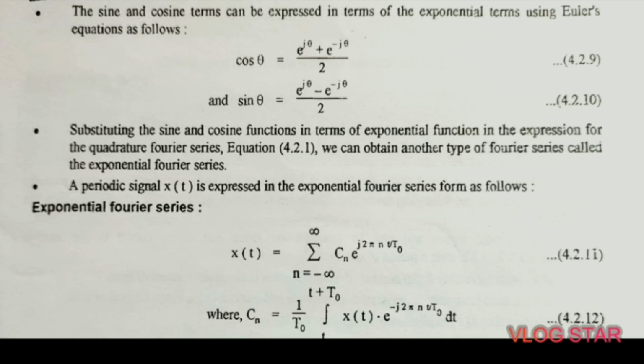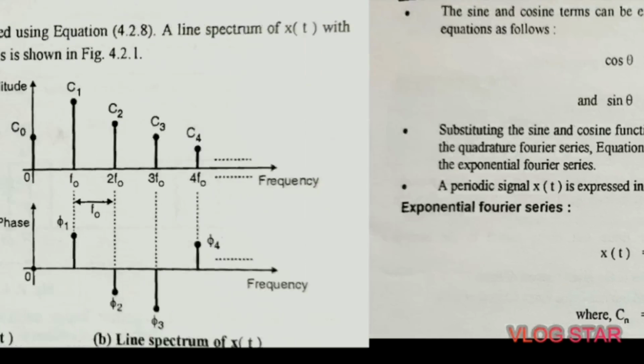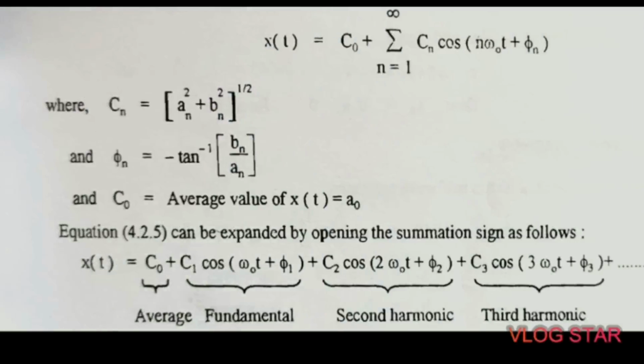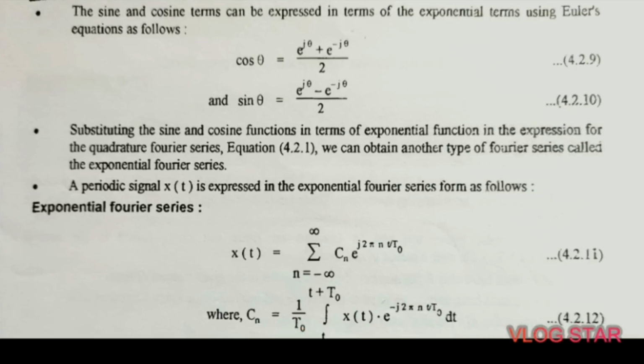So let us see what the different advantages of the exponential Fourier series are. Here in the exponential Fourier series, instead of finding a0, an and bn, we have to find only one Fourier coefficient, that is Cn, because here we are using only the coefficient Cn. The second advantage is that it is easier to find and plot the amplitude and phase responses.